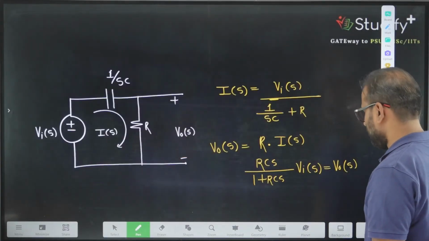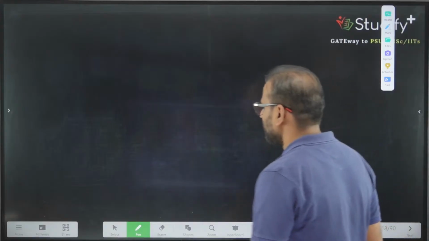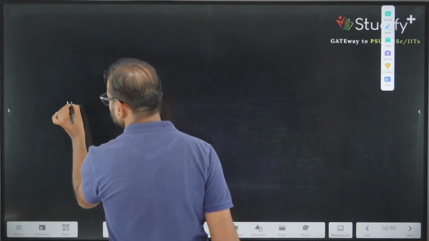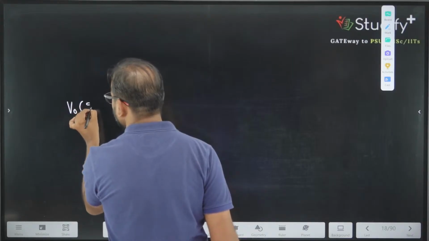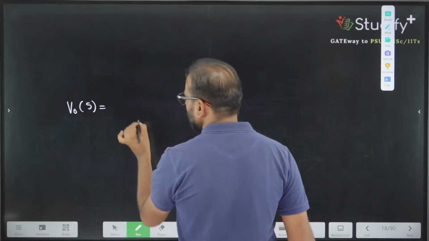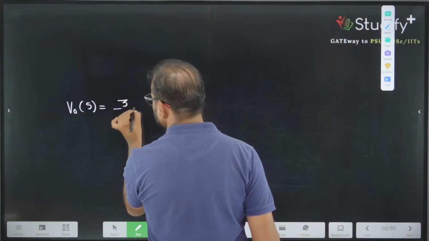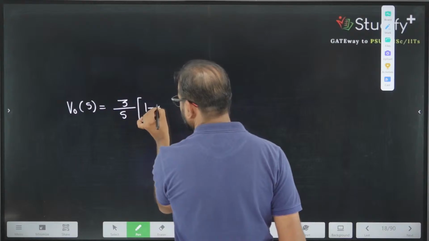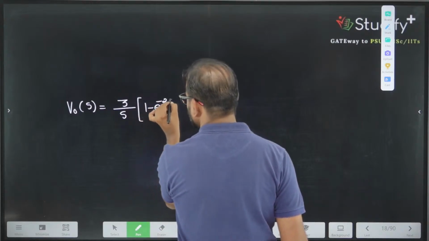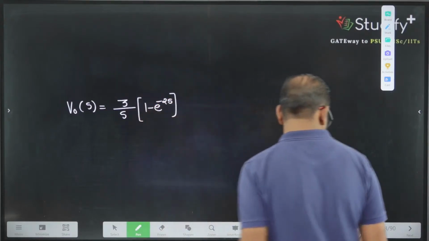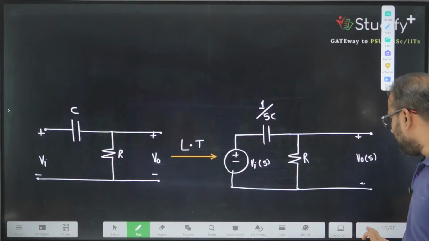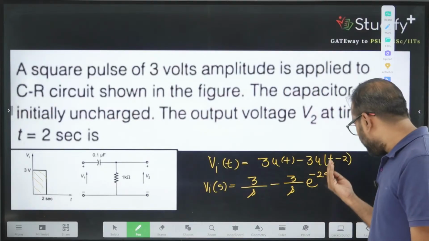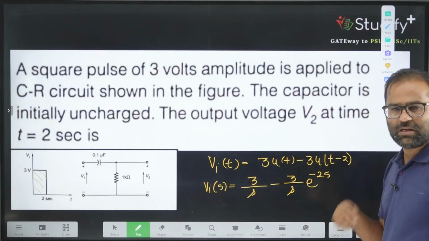So our equation will be V output of S is given by 3 divided by S into 1 minus e to the power minus 2S. Here I am using the shifting property. It is shifted by 2, so e to the power minus 2S will appear here.